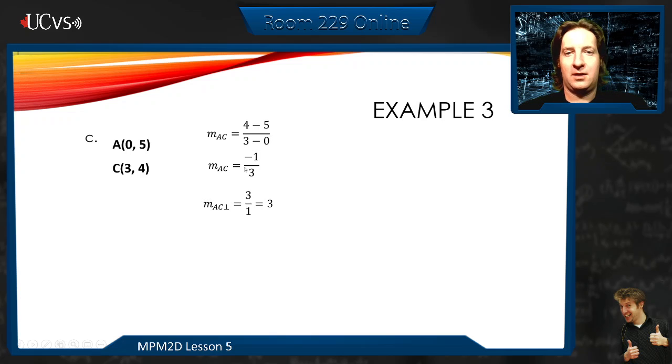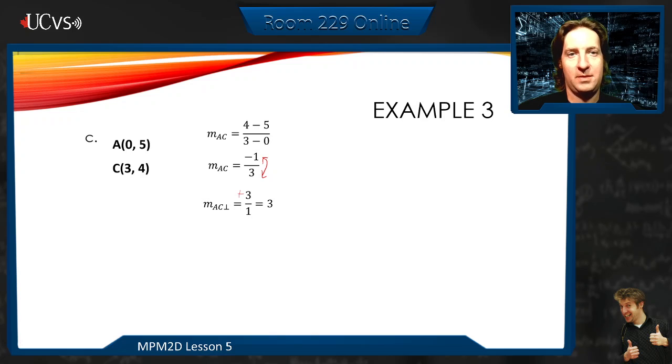We take our number -1/3, we flip it to get our perpendicular slope, which will be 3 over 1, but positive, because a negative of a negative becomes a positive, and that just works out to 3. Okay? So again, we have to find our midpoint of AC.